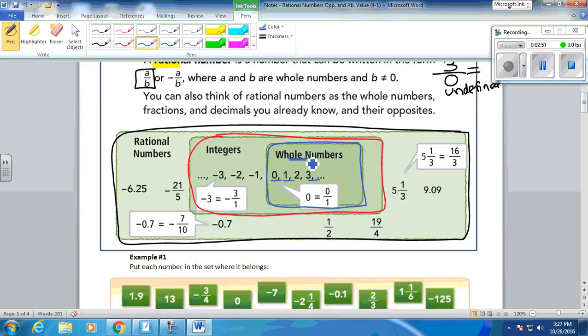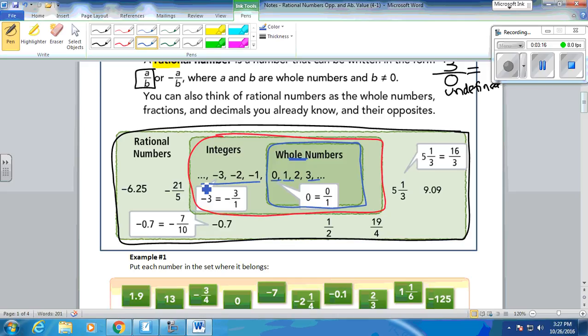Integers are the whole numbers and the negatives. Okay? So, I'll say this again. All whole numbers are integers and rational numbers. Some rational numbers are integers or whole numbers. And there are some rational numbers that are neither integers nor whole numbers.